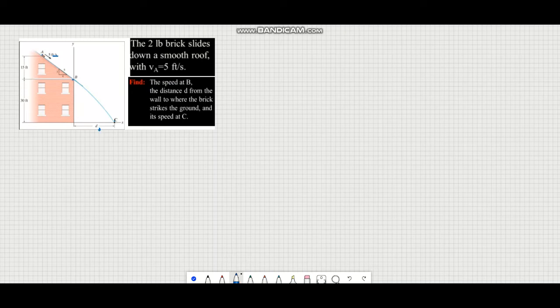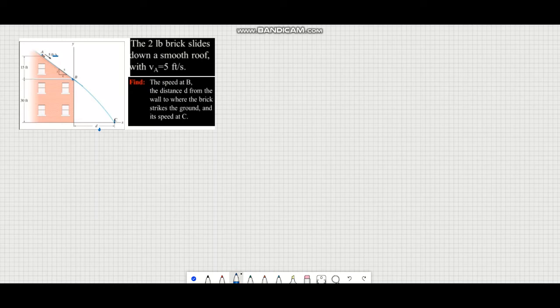First, let's see what the velocity is when it comes from point A to B, and then we use either work and energy or our kinematics knowledge from projectile motion to calculate the velocity at C and this distance d.